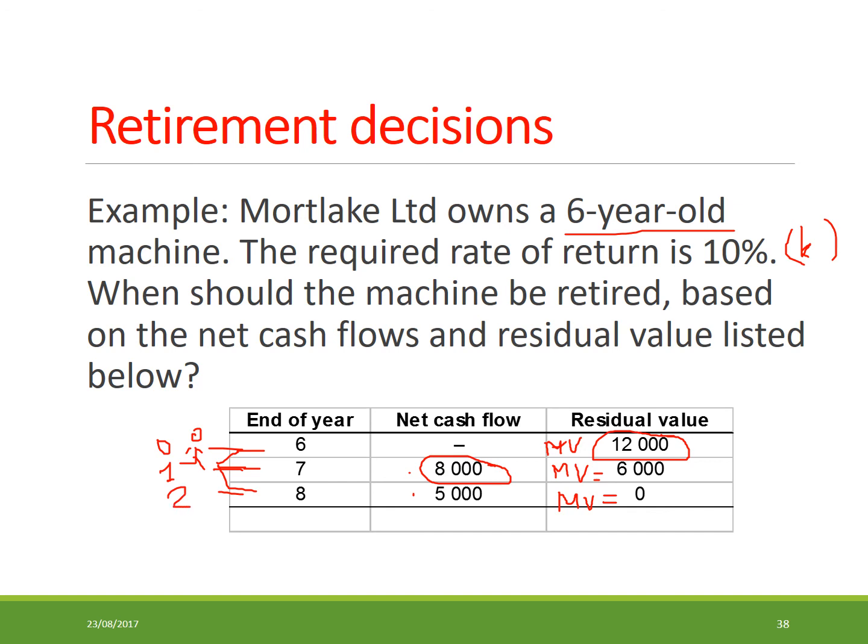If we sell the machine in 2 years' time, we get 3 cash flows. We get the first cash flow in year 1, the second cash flow in year 2, and the sale price, which is in this case 0. Okay. So our decision here is we want to pick whatever time has the maximum value.